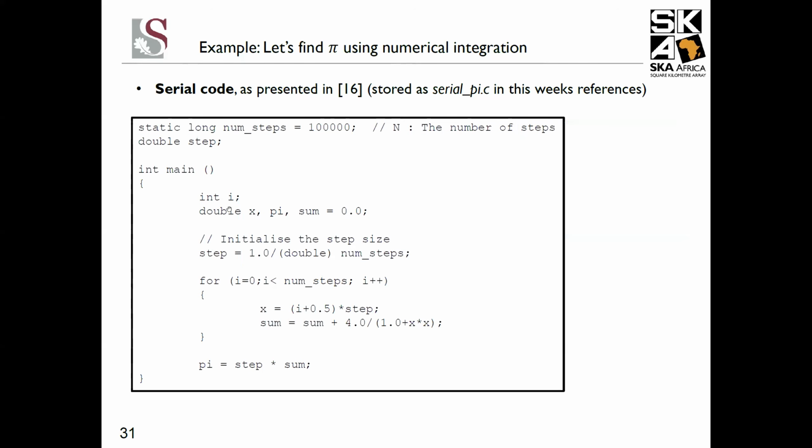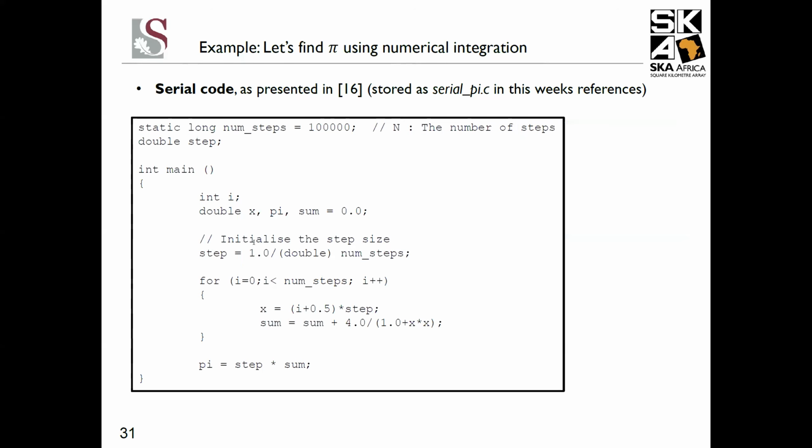So anyway, I need to declare some variables here. I have i, which is my loop iteration variable. I have this value x, which is essentially my x position, my delta x name, pi, which is the result, and sum, which is an intermediate result that I'm going to store.